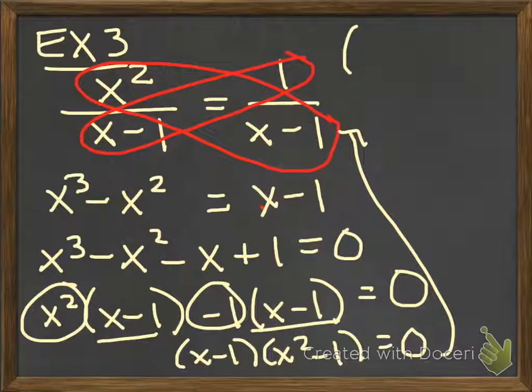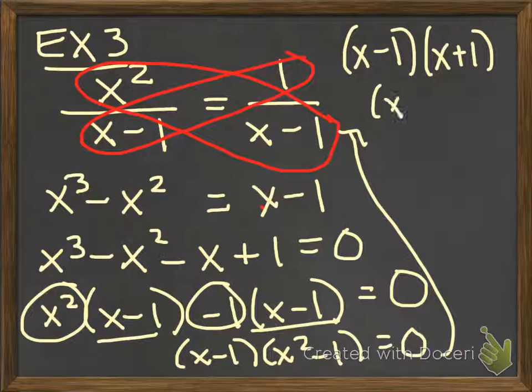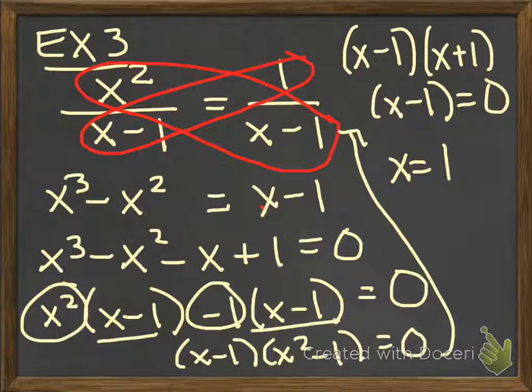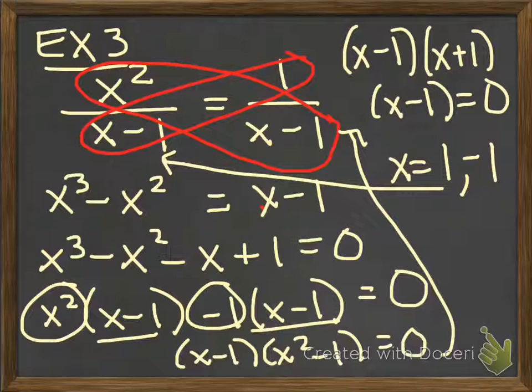Now we have x minus 1, and then we have x squared minus 1, which is a difference of squares. So that's x plus 1, x minus 1 equals 0. So the answers are x equals positive 1 and negative 1. Now we're going to look at the denominator and see which one is valid, which one's not. If I put 1 in for x, I get 0.